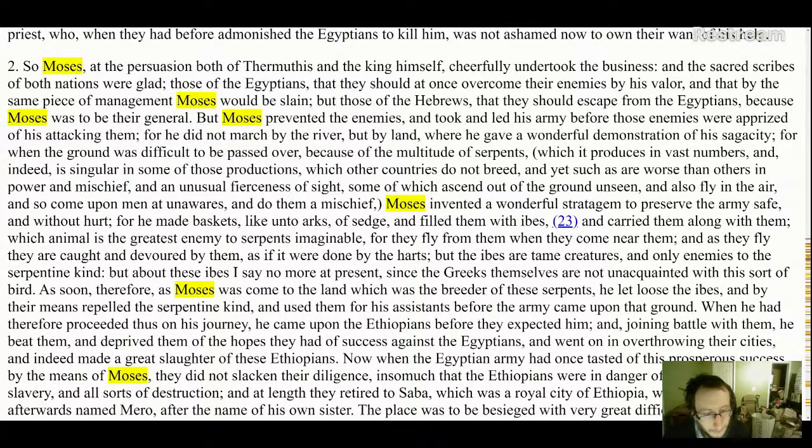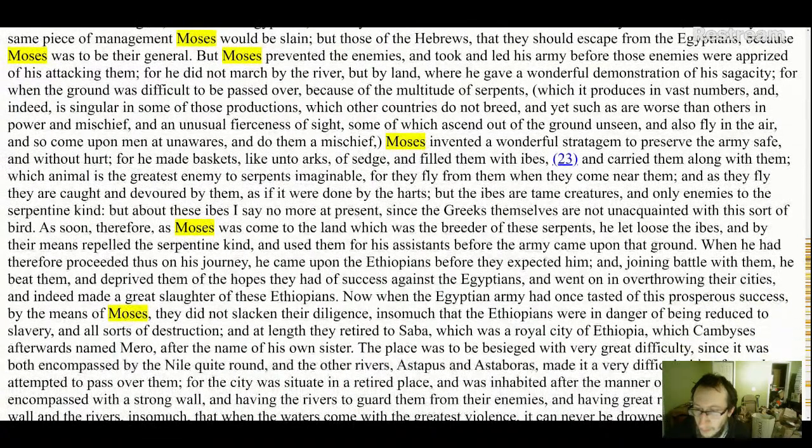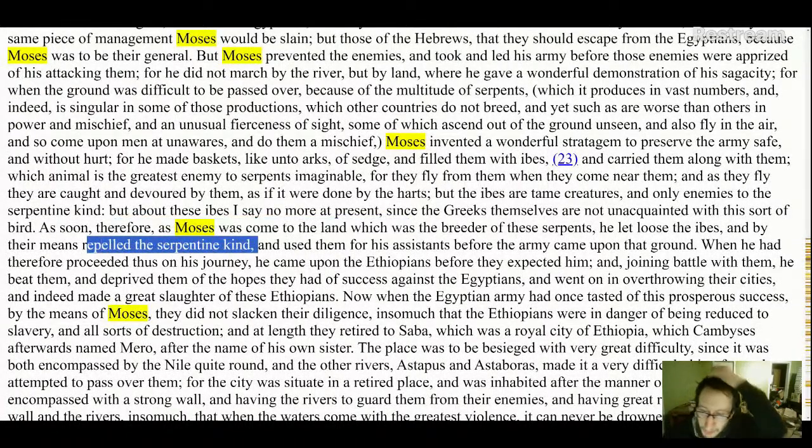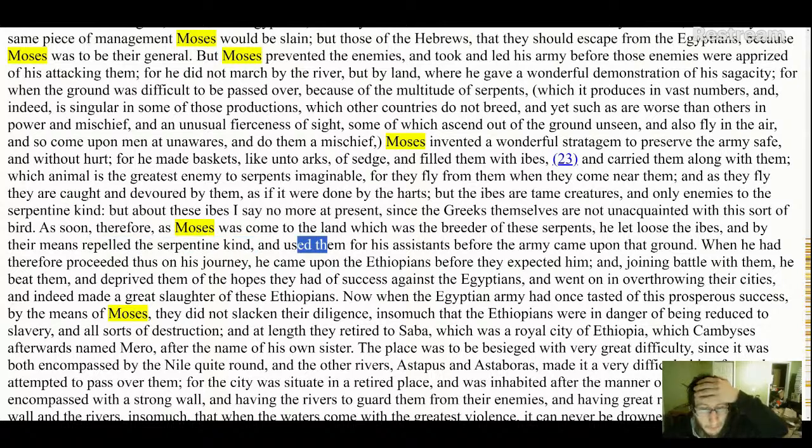Okay, and then as soon as Moses came to the land which was the breeder of the serpents, he let loose the ibises, and by their means repelled the serpentine kind, and used them for his assistance before the army came upon the ground. Then he came upon the Ethiopians before they expected him, and joining battle with them, he beat them and deprived them of the hopes they had of success against the Egyptians, and went on overthrowing their cities, and made a great slaughter of the Ethiopians.